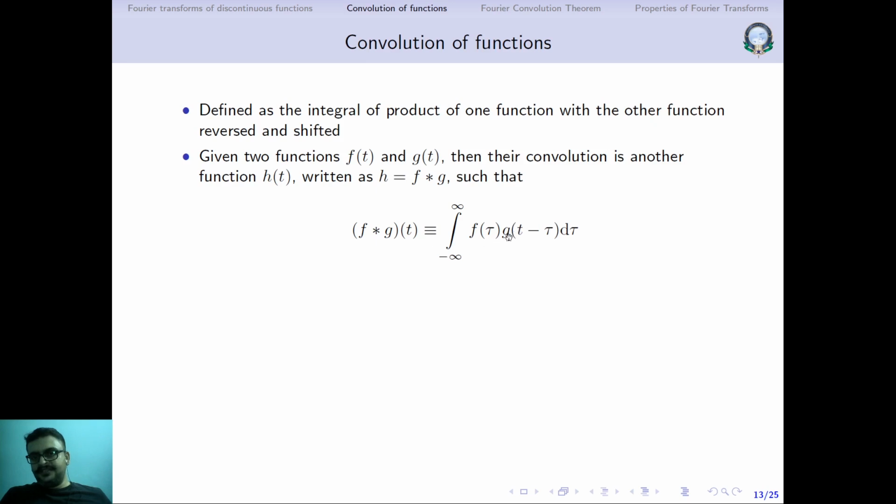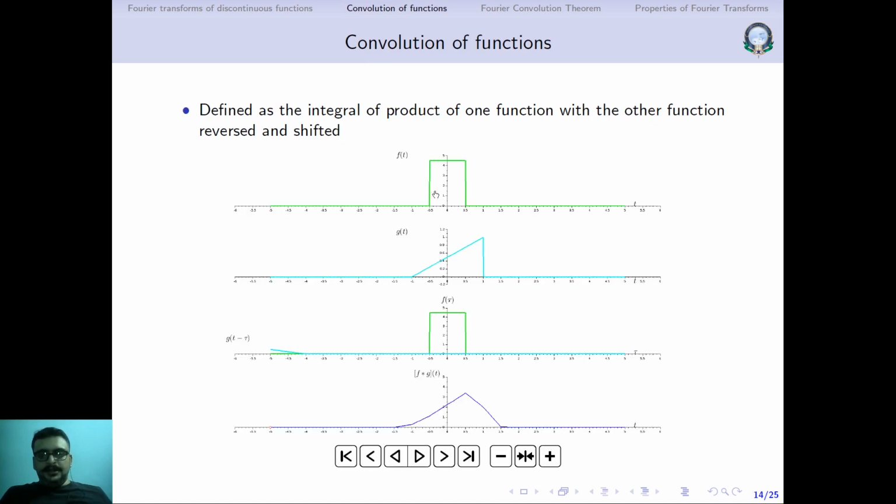So I am reversing as well as shifting the function g, then I take the product of these two functions, and then I take the integration. That will give me one value. Every value of this convolution is the result of this particular integration, so you have to perform the integration for each and every value of t.